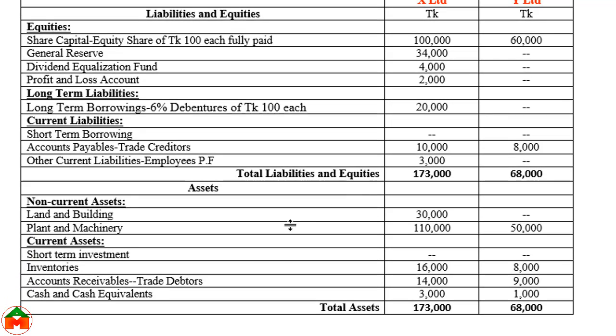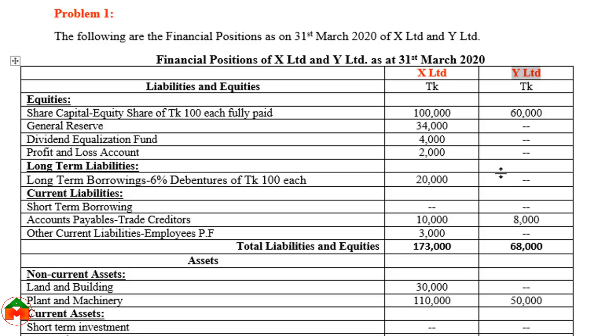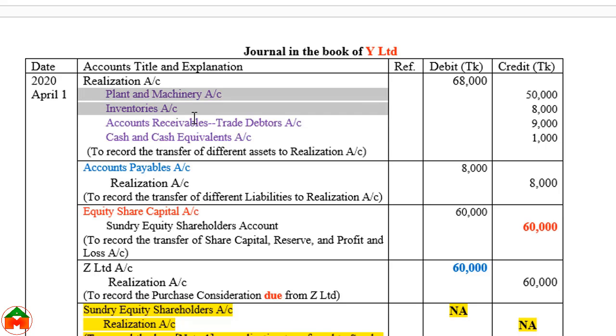We can see these are the asset items: plant and machinery 50,000, inventory 8,000, accounts receivable 9,000, cash and cash equivalents 1,000. These are the asset items of Y Limited. These are debit items, but we are showing them in the credit side for the purpose of removing these items from the accounts of Y Limited, because Y Limited will be liquidated.